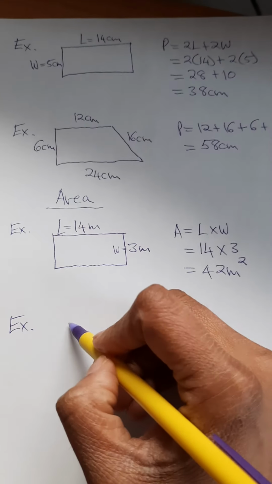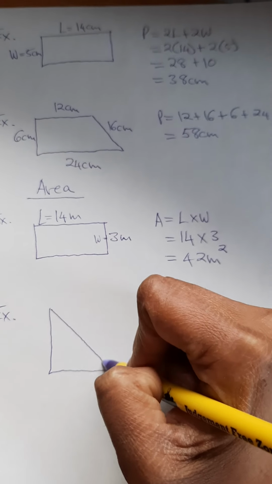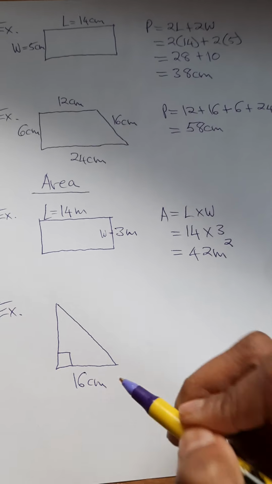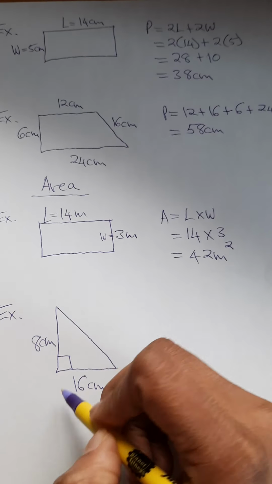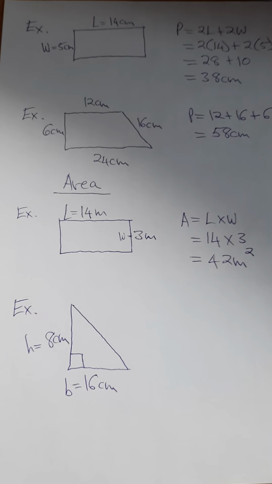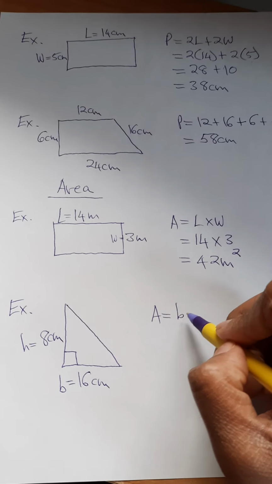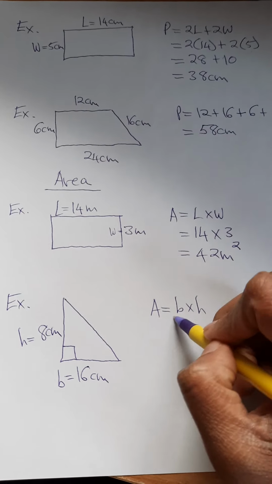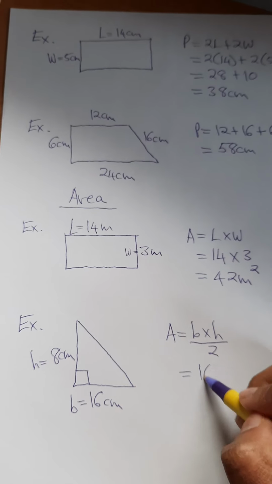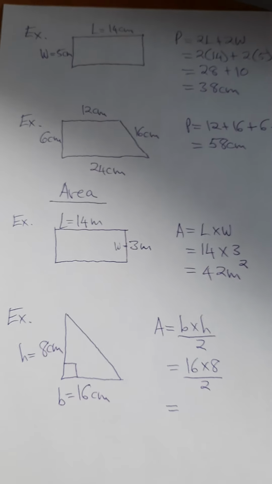All right, and let's do one example, okay, for the triangle. I'll give you the base here, so 16 centimeters. So this is B, and the height is going to be 8 centimeters, okay? So again, I'm going to put it into the formula. The formula for the triangle here is base times height divided by 2, okay? So what we're going to do is 16 times 8 divided by 2.